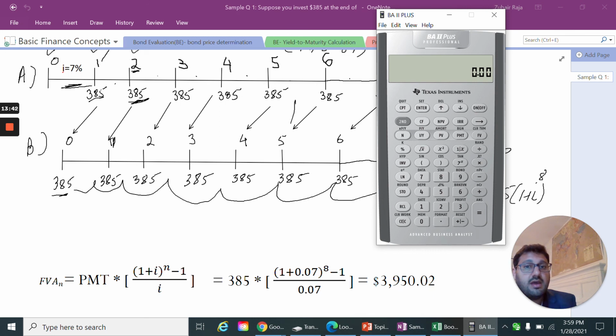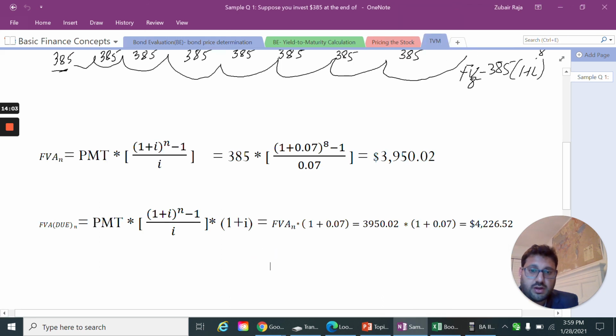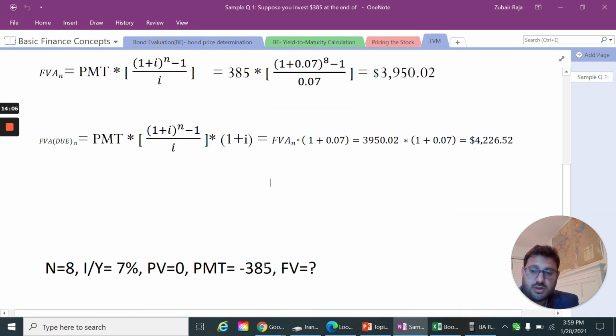This is the reason we have the definition of the ordinary annuity, because most businesses deal in such situations, where they keep making equal payments after a fixed interval of time to any other business. So it is actually called ordinary annuity.